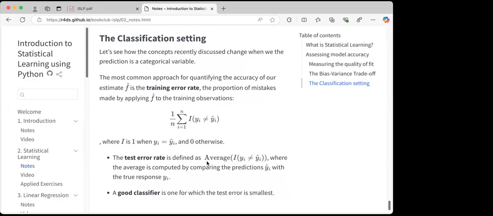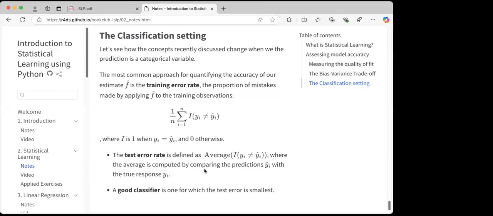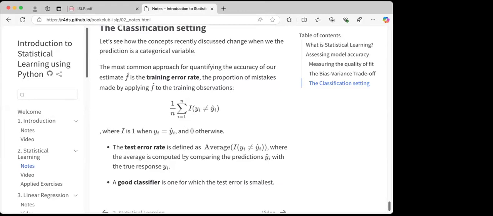The error rate is the average computed by comparing the predicted y_i hat with the true response y_i. The lower the test error rate, the more accurate we'll say our model is. So a good classifier is one for which the test error is small.